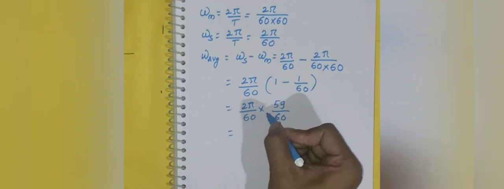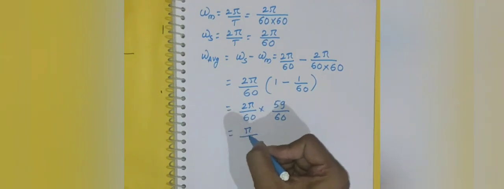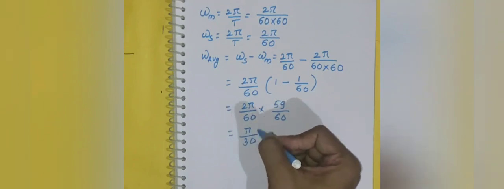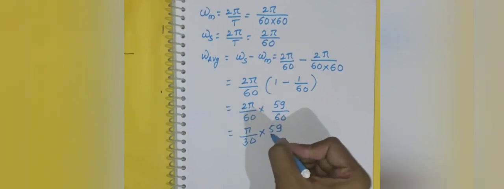We can write this as 2 pi divided by 60 into 59 by 60. Now dividing 2 by 60, that will be pi by 30. So pi by 30 into 59 divided by 60. So this is our answer.